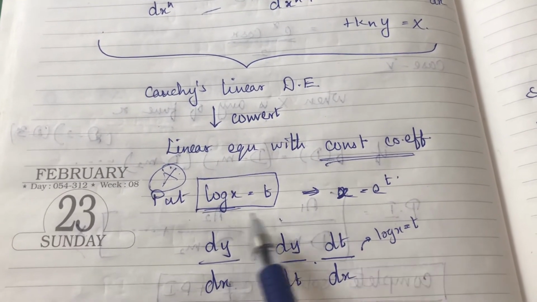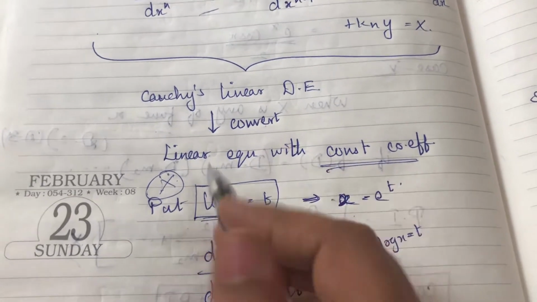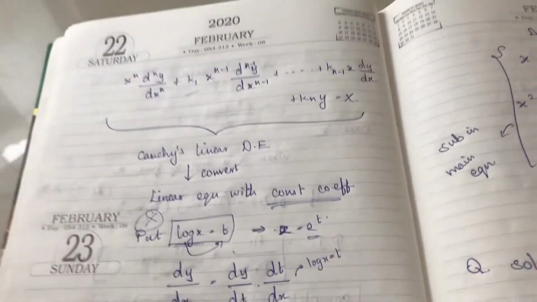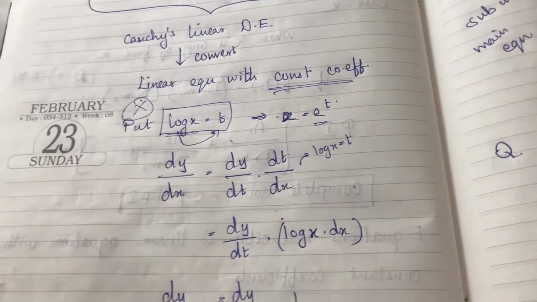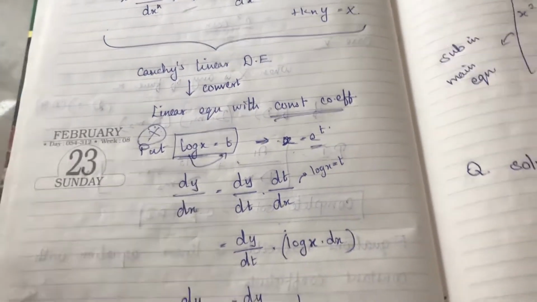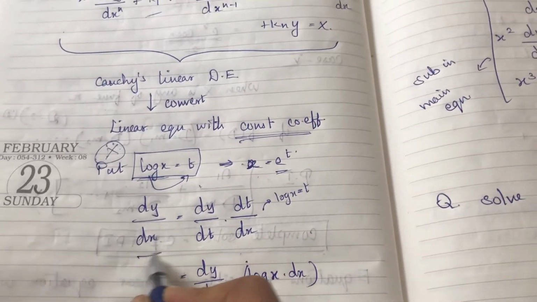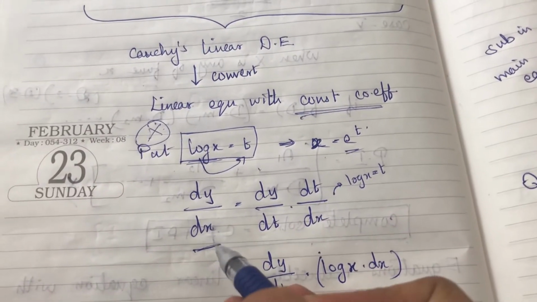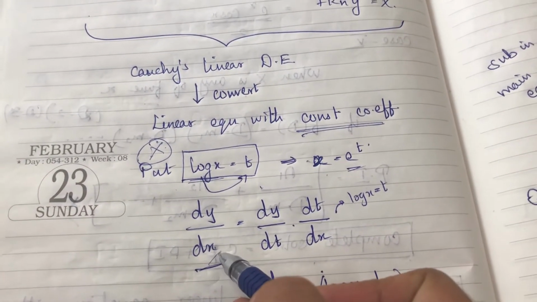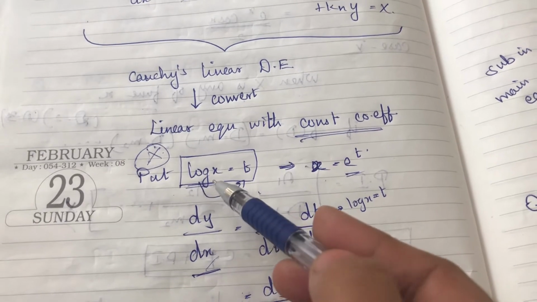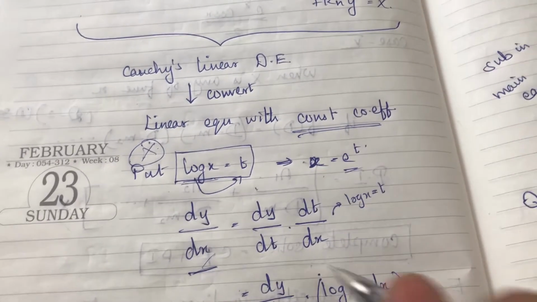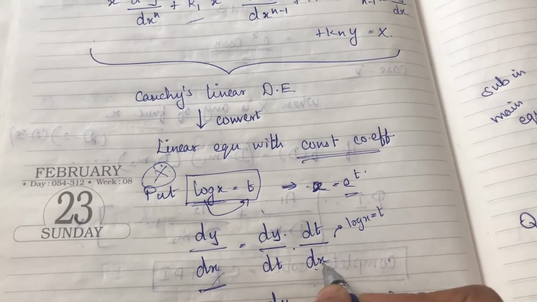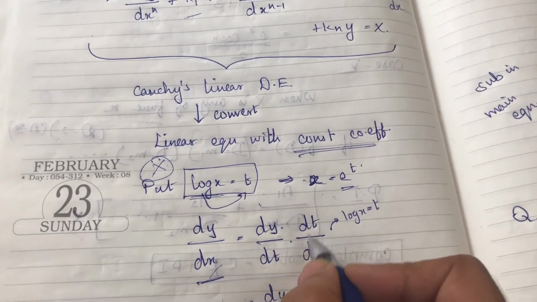So put log x equal to t. From this you can easily say x equals e power t, because the log goes away and it becomes e. So x is equal to e power t. I am writing dy by dx as a simple term. Here this is dy, this is dx, but the terms here are dx and dt, so I write dy and dx in the opposite corners and fill the gap with dt.